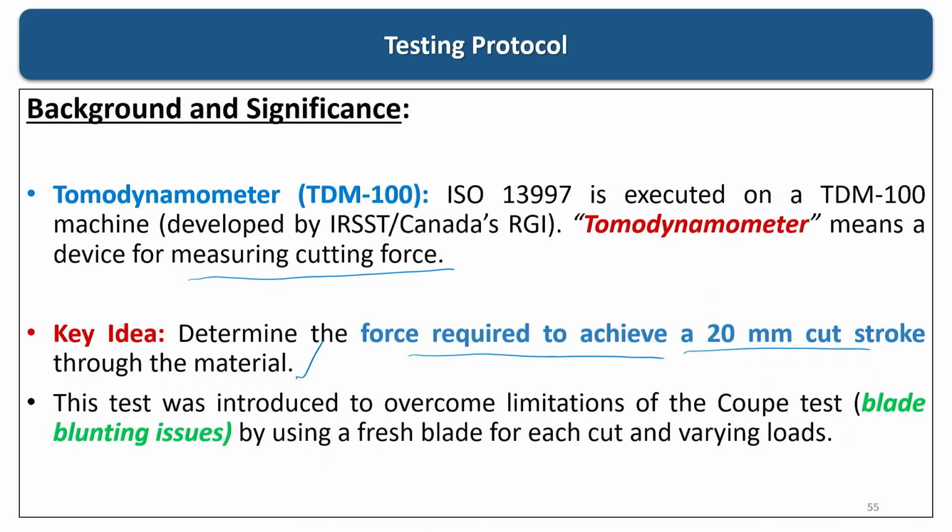This test was introduced to overcome the limitation of the Coupe test, where a blade blunting issue is there.